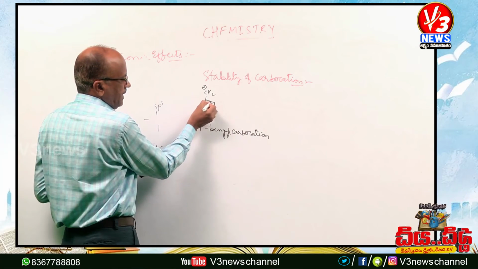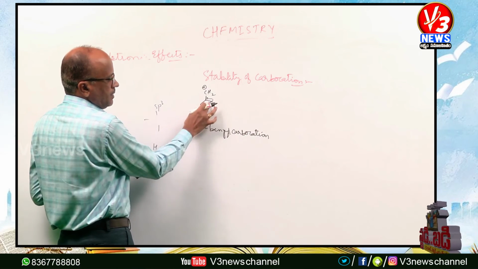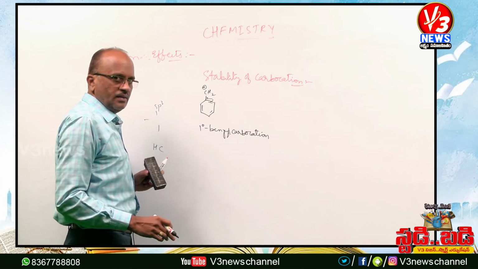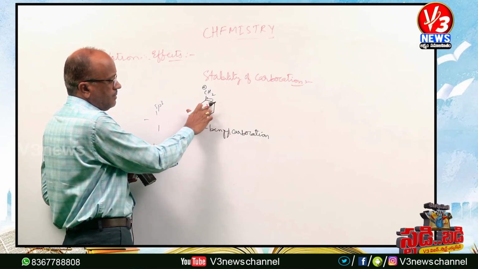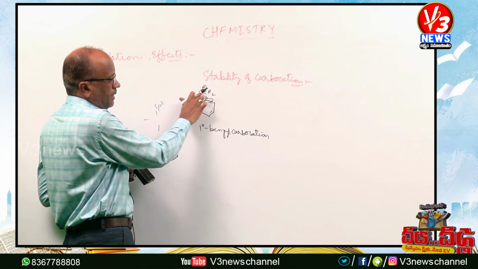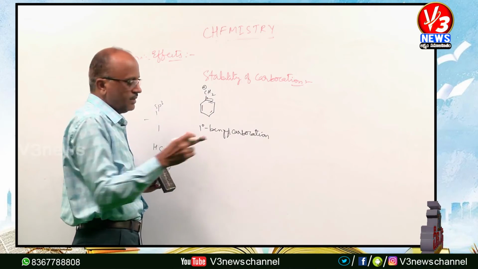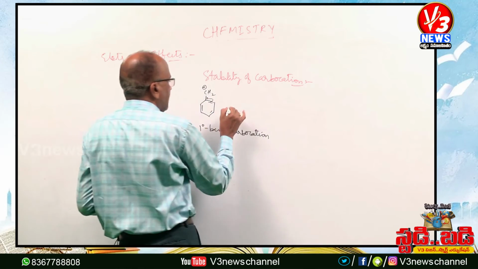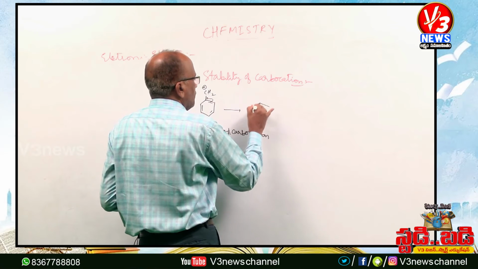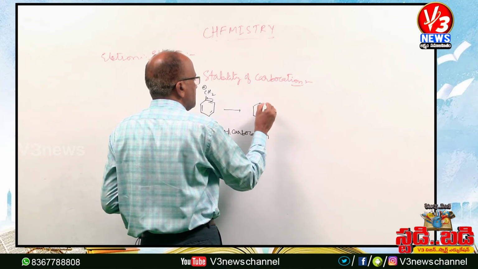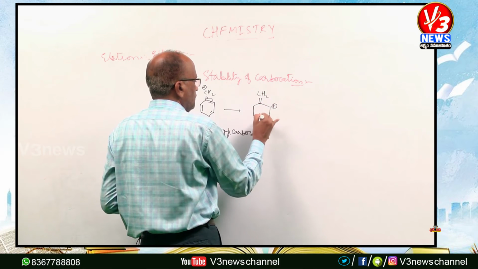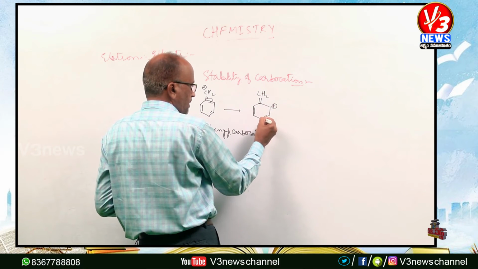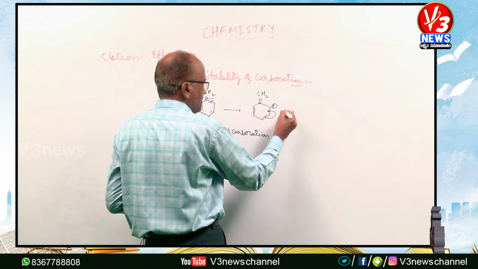If you write resonating structures of this one, this pi bond is shifted in this direction, that is delocalization, resonance. Why is there delocalization? Since this pi bond and the positive charge are in conjugation, delocalization takes place. Then we can write resonating structures like this, double bond here, CH2. Then in the next structure, this pi bond is shifted in this direction.